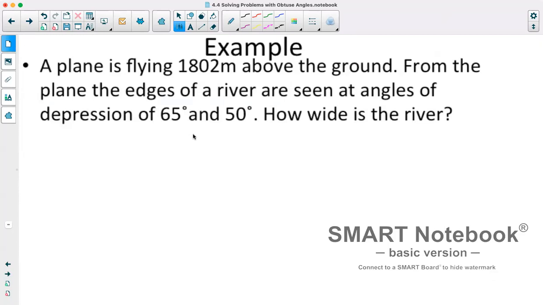Okay, so we essentially have a plane that is somewhere up here. Just going to draw in a horizontal line off of that because we're going to measure angles of depression off of that.